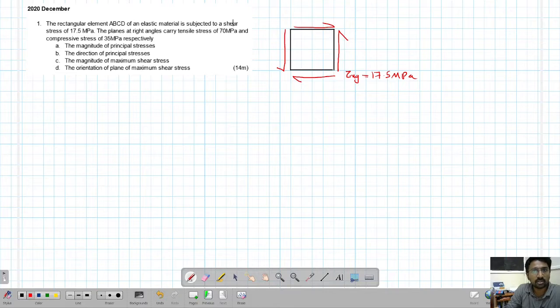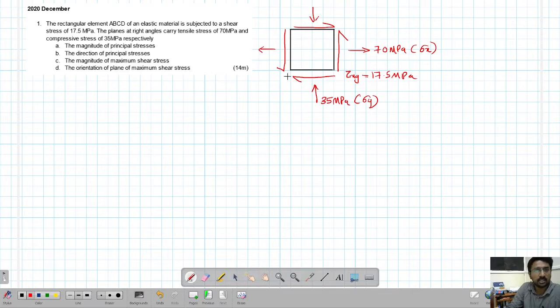Then I have a tensile stress of 70 MPa and a compressive stress of 35 MPa in two mutually perpendicular planes. So I have a tensile stress here, of magnitude 70 MPa. I also have a compressive stress here, of magnitude 35 MPa. This is my sigma y and this is my sigma x.